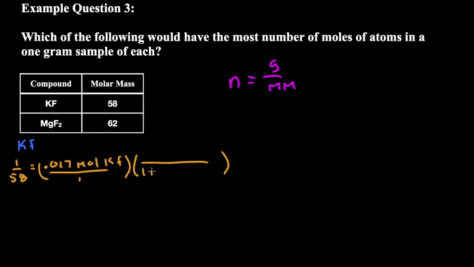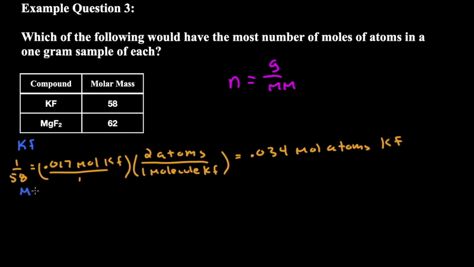For every 1 molecule of KF that we have, we're going to have 2 atoms because KF has 1 atom of K and 1 atom of F. And so when we do this, we get 0.034 moles of atoms of KF.